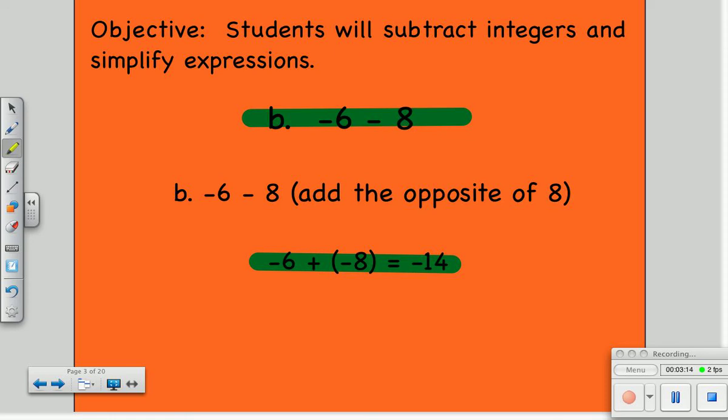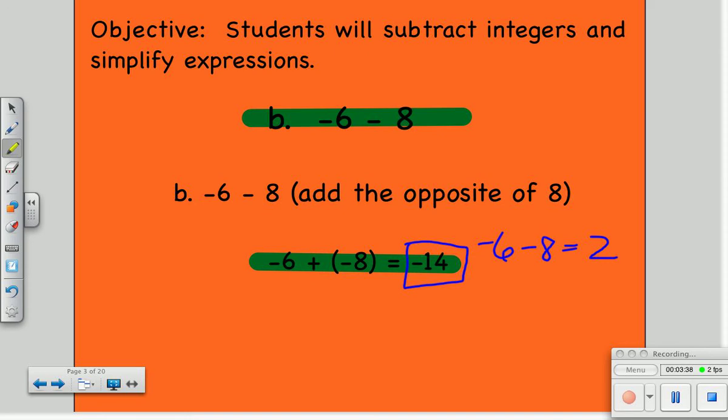This is where some of you make a mistake. Some of you would say negative 6 minus 8 is 2. As you can see, that's not the answer. The answer is negative 14. Some of you might even say negative 2.